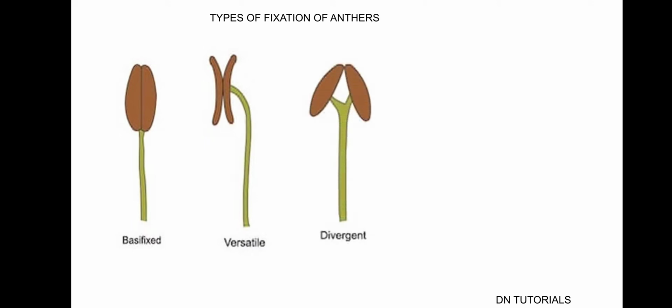The third one is called a divergent anther. In divergent anther, both theca, and what is the theca? Theca is the lobe. In all these pictures, you will see the anther with two lobes or two theca. In divergent anther, both theca form an acute angle with the filament. Here, the connective is enlarged. The next one is the adnate anther.